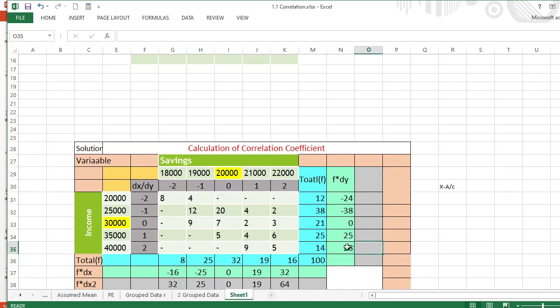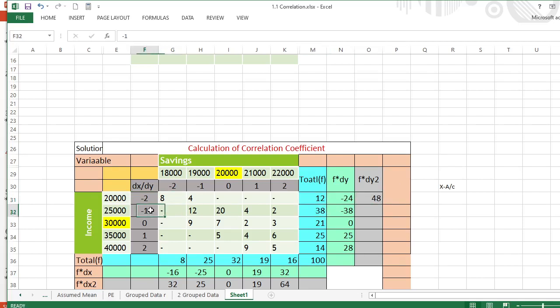So we have calculated f into dy. After this, we need to calculate f into dy squared. For this, we need to take dy square values. So it's minus 2. Minus 2 square is 4. 4 into 12 is 48.